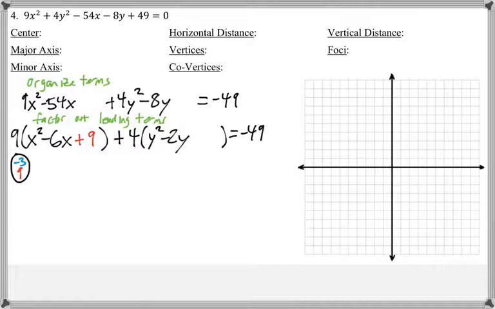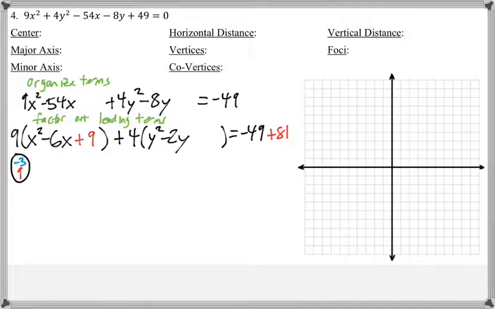So I'm actually not going to add 9 to the other side. I'm actually going to add 81. And the reason for that is when I'm putting this plus 9 here, that 9 is actually being multiplied by this 9. So while it looks like I'm adding 9, I'm actually adding 81. So to keep that legal, you need to add 81.